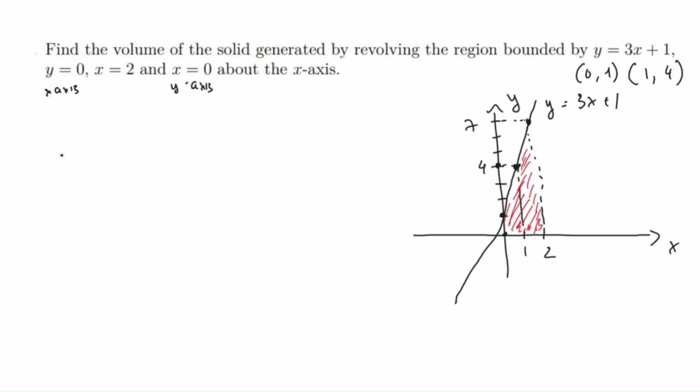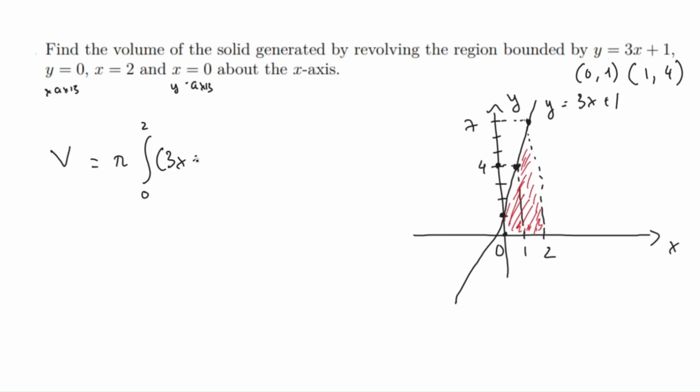We're going to apply the formula to this question. The volume is equal to pi times the integral from A to B. You see that this region goes from 0 to 2, so the limits will be 0 to 2, and f of x squared, where f of x is 3x plus 1.